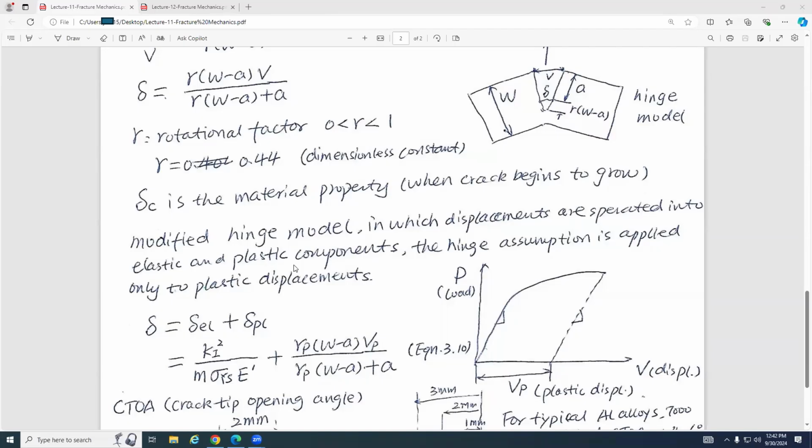As I said, this figure is very similar to the stress-strain figure. It also goes this way and yields, and after you unload, it goes back here.